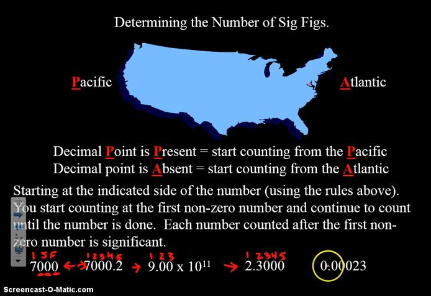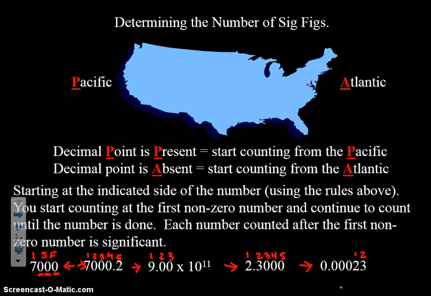Next example. Again, decimal point is present. We start counting from the Pacific. Here we go. Number 1 here, it's a 0, so we're not counting yet, right? We're just going to keep waiting. 0, not counting yet. Again, a 0, a 0. Finally, our first real number, so we start counting finally. So here's number 1, 1 sig fig, 2, 2 sig figs. So this number has 2 sig figs.